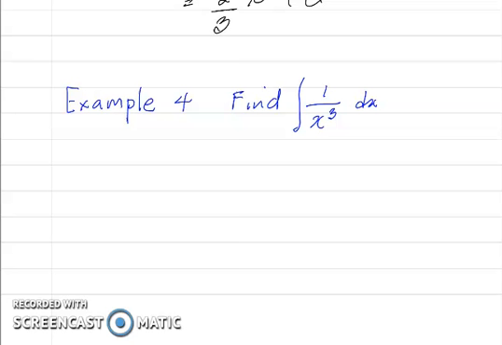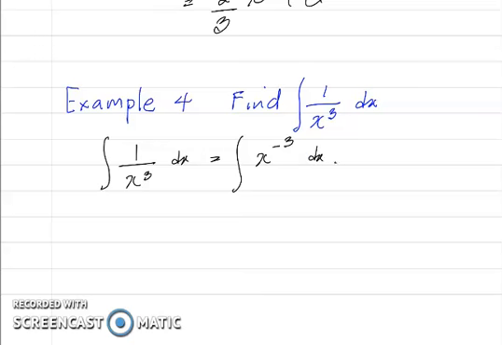So the integral of 1 over x cubed with respect to x is the same as saying the integral of x raised to the minus 3 power, dx.